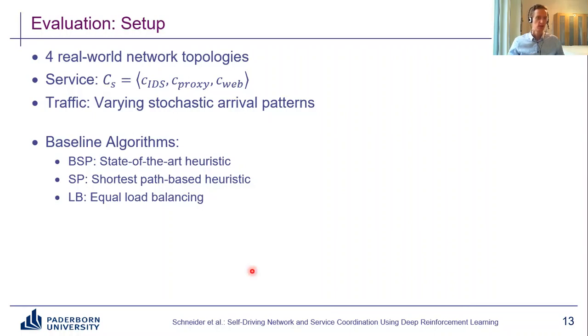First of all, a state-of-the-art heuristic called BSP from our previous work, where we had the code available, and also against 2 simpler baselines: the shortest path-based baseline, which tries to place everything as close as possible to the ingress node to minimize end-to-end delay, and one baseline that balances the load equally among all nodes to minimize the amount of dropped flows.